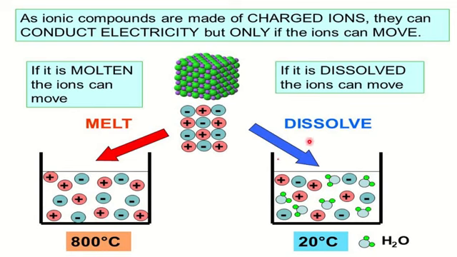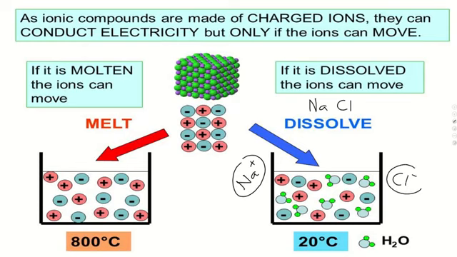So using salt as an example, which is basically sodium chloride, when sodium chloride goes into solution, you have positive sodium ions, you have negative chloride ions. You'll have a sea of them. Now, because you have these negative and positive charges, they act as a way to induce electricity. And so that's why it works.